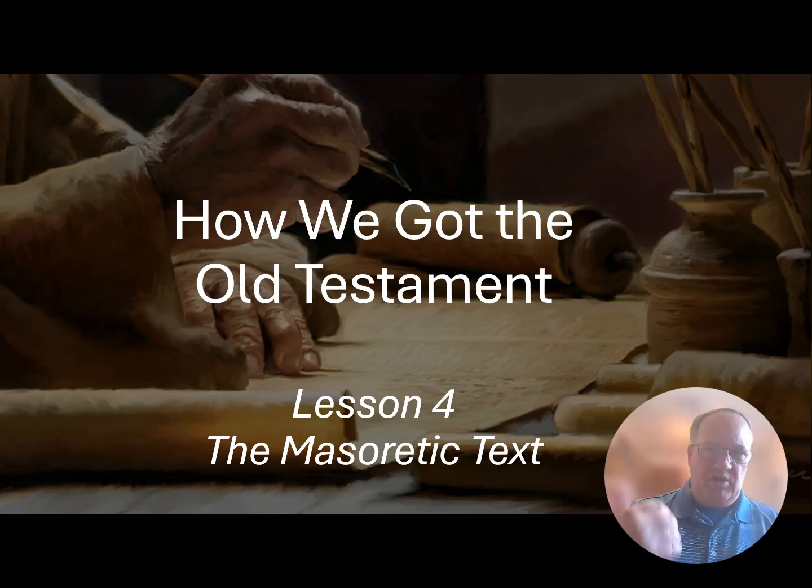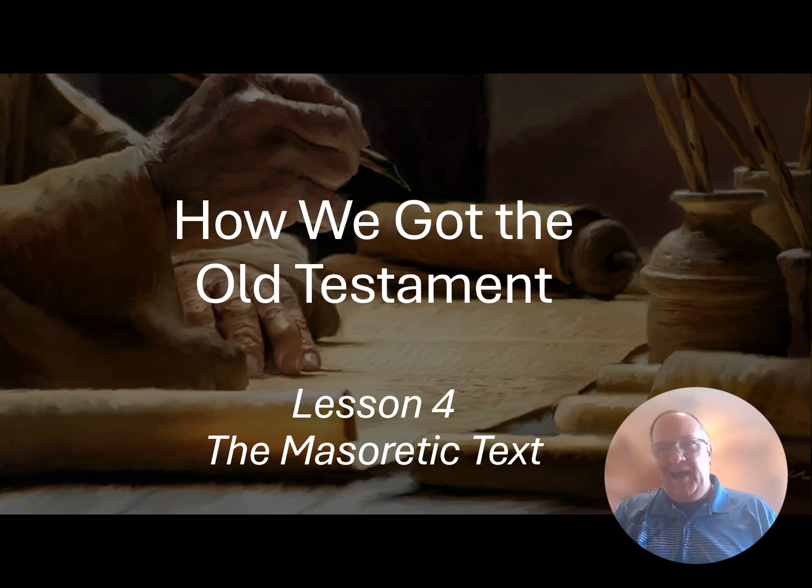And of course, in order to do that, you have to have manuscript copies. You have to have copies of the Old Testament that you could look at, you could compare, and then you can write down. Well, what we are finding is we talked about the scribes and the development of the scribe and how they were copying the Bible. We talked about the synagogue manuscripts, the synagogue scrolls.